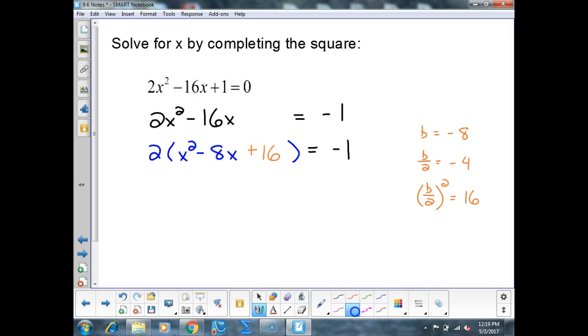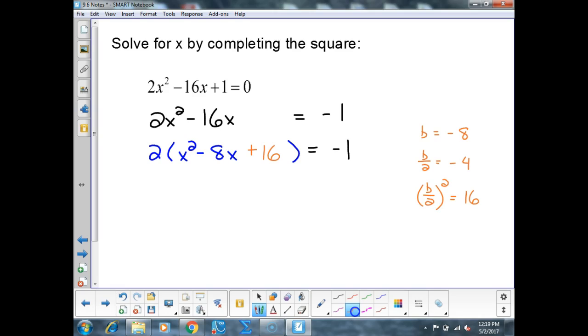But now what? Don't you multiply by 2 first and then add to the inside? Because where's the 16? Inside the parentheses. What's controlling the parentheses? The 2 up front. So really, what am I adding to the left side? 32.